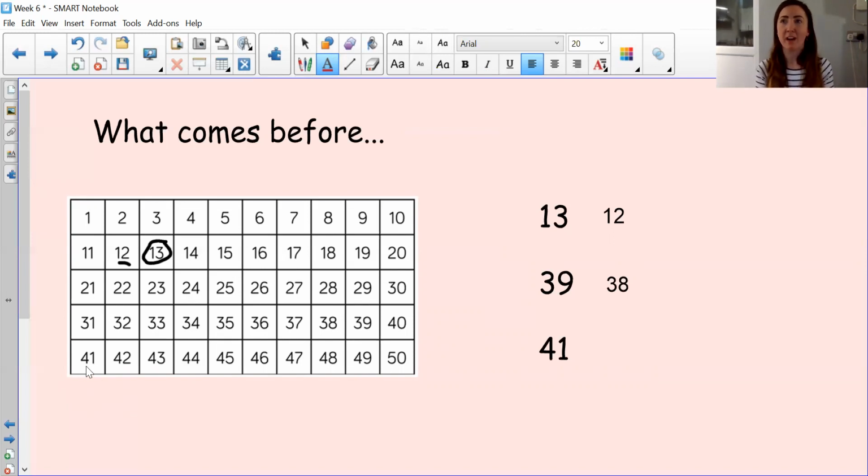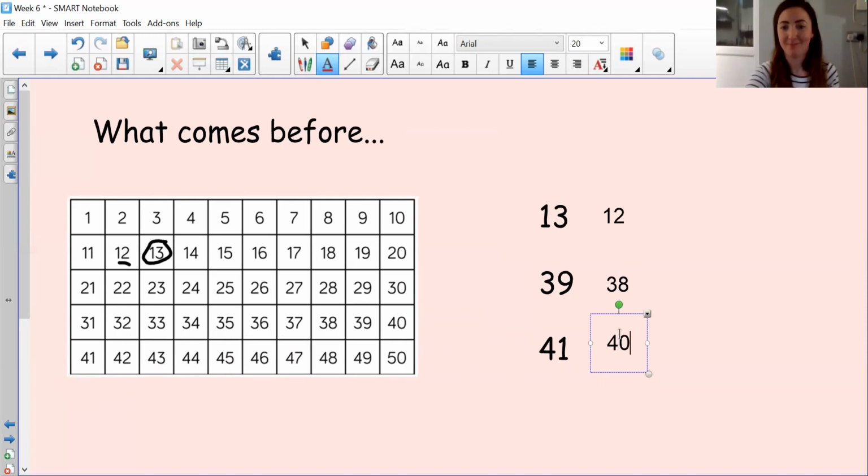So where do we look to find the number that comes before this number? We need to look at the end of the row that came before it. So here is the row before it. Look right at the end, 40. So it's the same as taking away that 1. 41, take away 1. 40.